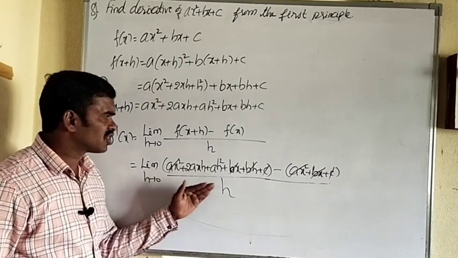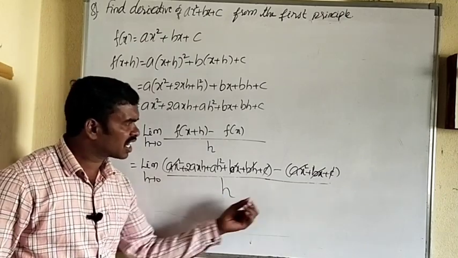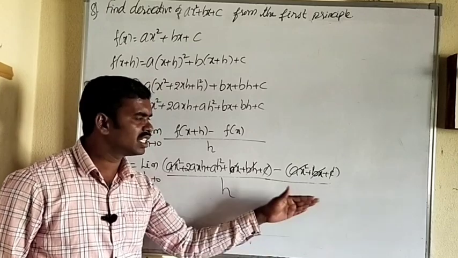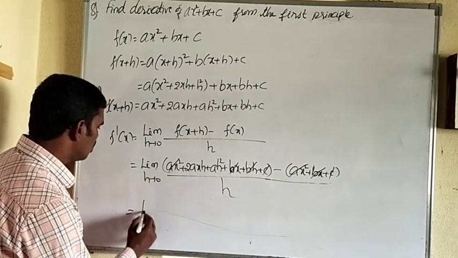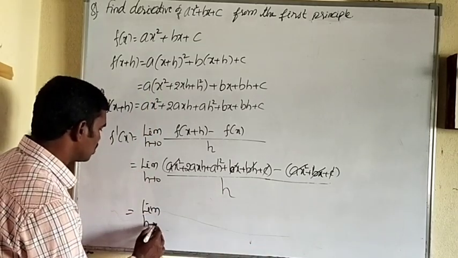If you are interested, write one more step: minus ax square minus bx minus c, then cancel. I think now you understood.